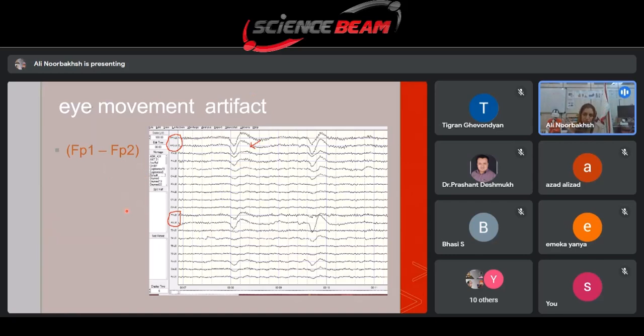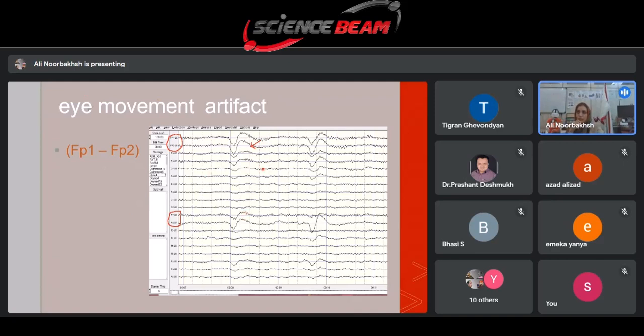In the EEG cap, there are seven points related to the frontal: FP1, FP2, F3, F4, F7, F8, and FZ. This is the frontal lobe, and you can see eye movement artifact.